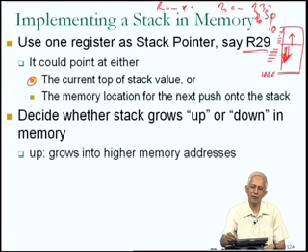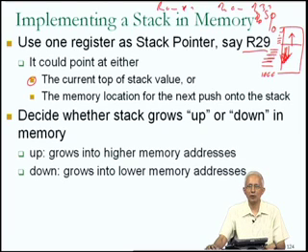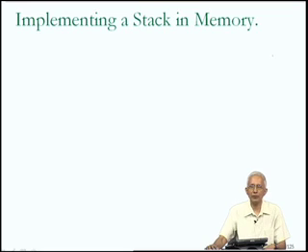Therefore, even though this arrow is pointing down, it is growing into higher and higher memory addresses, which is why I refer to it as growing up. The alternative is also possible, depending on how the allocation of memory space is done by the system.